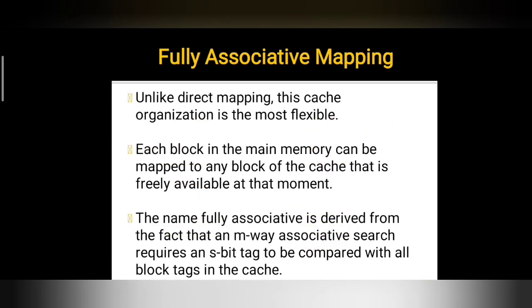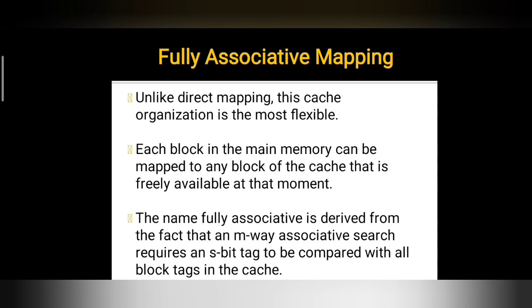Alright, so my next technique is fully associative mapping. Now, unlike direct mapping, this technique is not at all rigid in nature. It is quite flexible. This flexibility is offered because of this condition: each block in the main memory can be mapped to any of the available cache memory blocks.